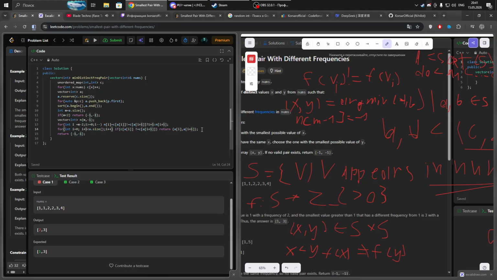Okay, let's just write it. We need to handle fewer than two distinct values, and all distinct values have equal frequency.